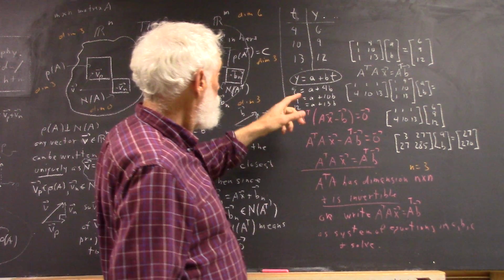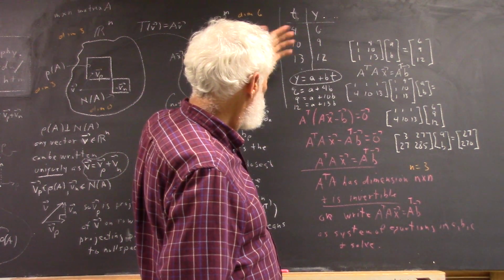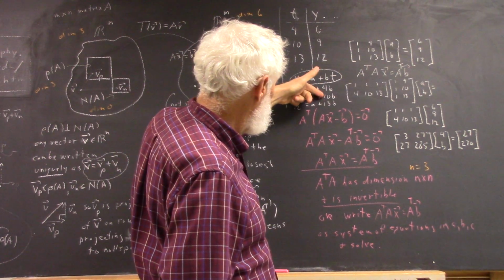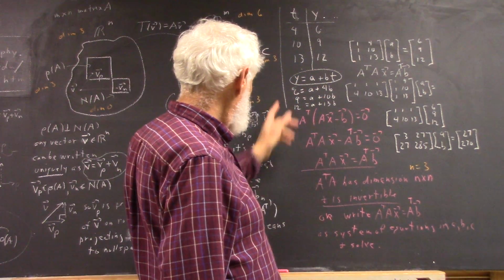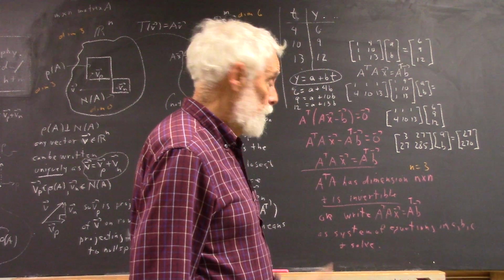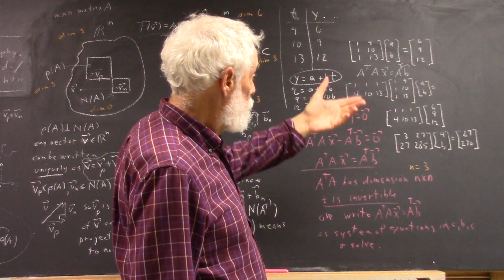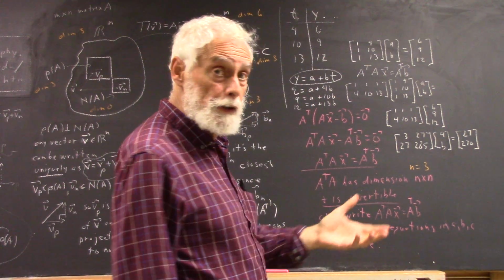Then plugging in 6, 9, and 12 for y, respectively, and plugging in 4, 10, and 13 for t, we get these 3 equations that very clearly give us this matrix equation. Okay, and this, of course, is an equation of the form Ax equals b.